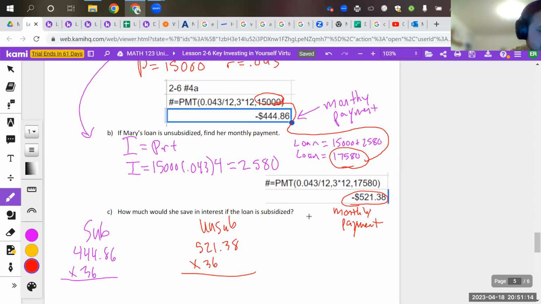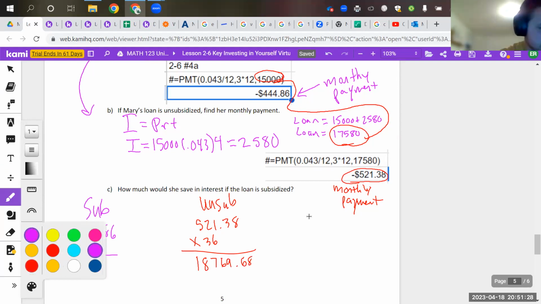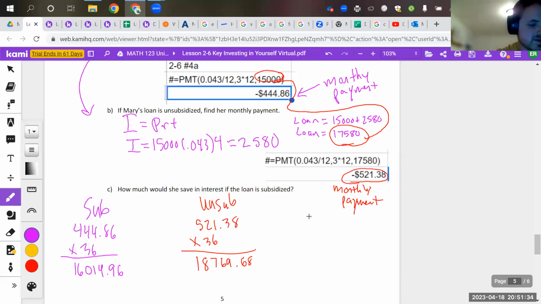And when she does that, she gets, in the red, 18,769 point, I think it's 68. And then in the purple, she'll get 16,014.96. Okay.